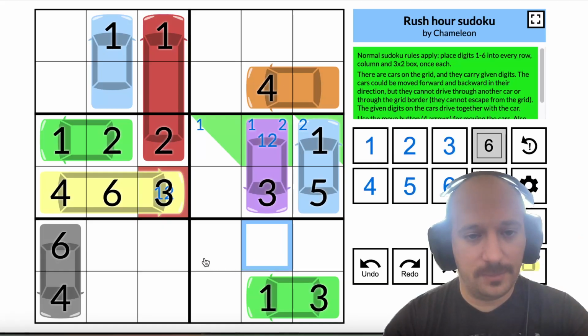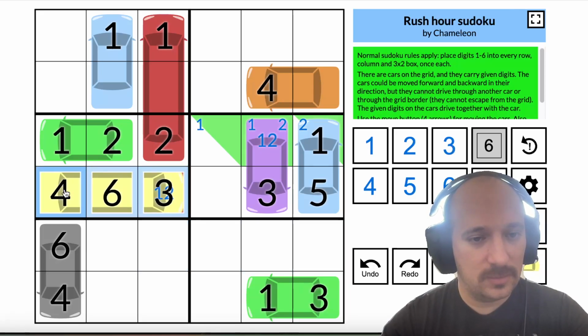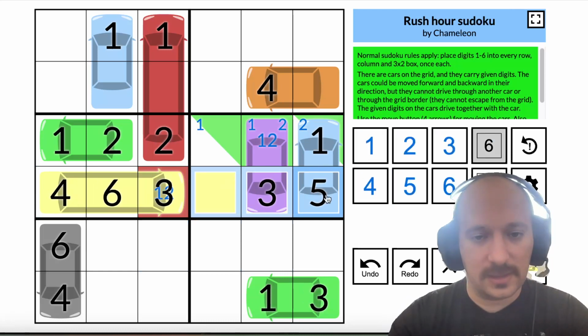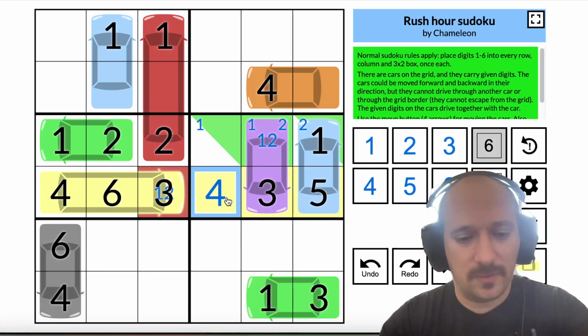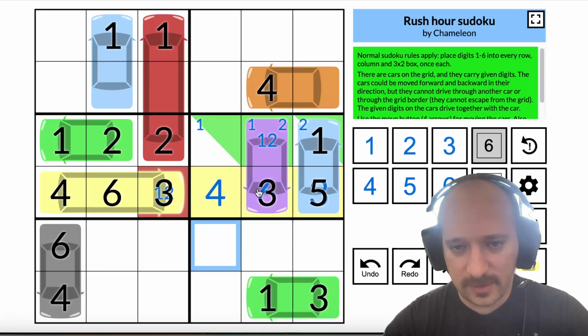But more important than that, this cell is already taken by the red. So yellow just ends up being here. So 4, 6, 3.